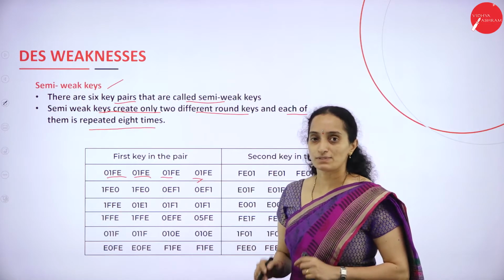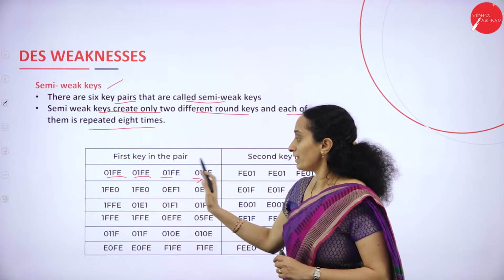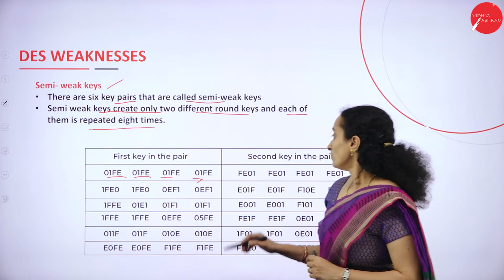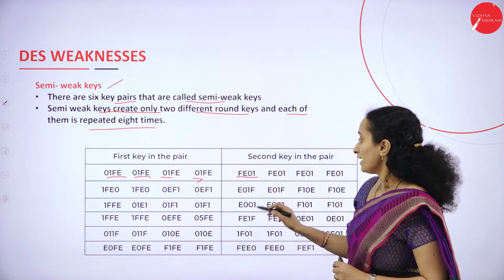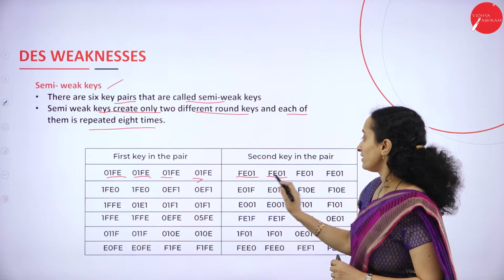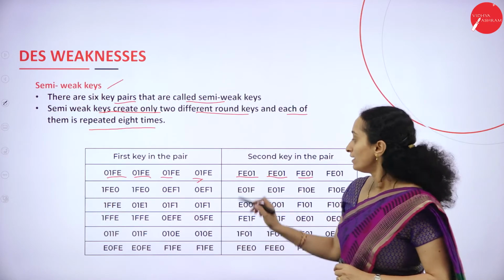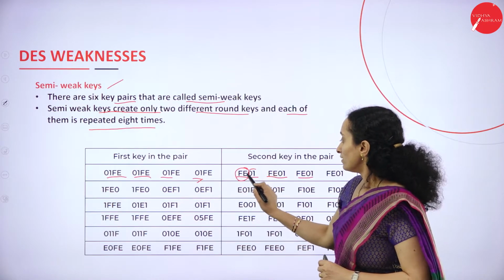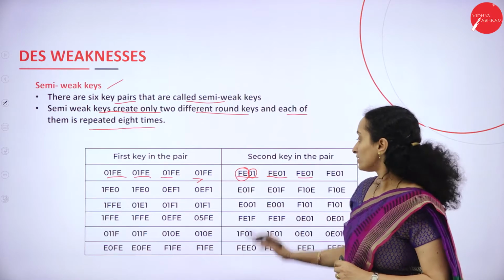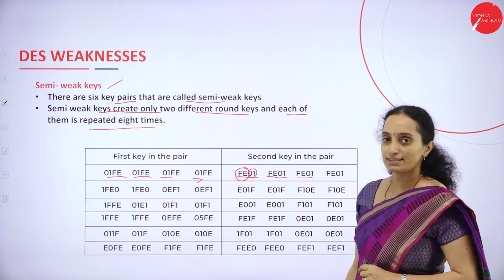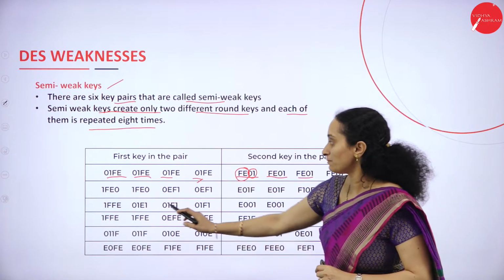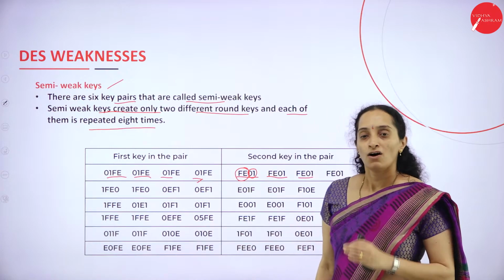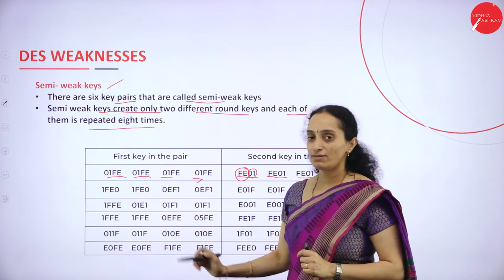So it is the same 01, FE, FE, FE, FE. When you drop the parities, what we get is FE01, FE01, FE01. There are 2 round keys which are repeated 8 times. So this same key is repeated 8 times in all the semi-weak keys.